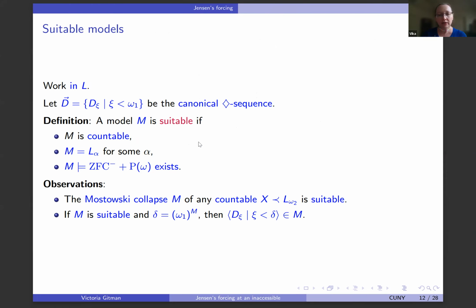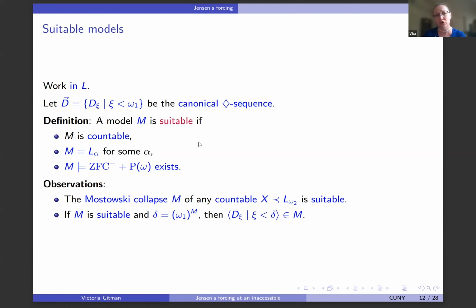Okay. So for this construction, I will be working in L, and I will be using a particular fixed diamond sequence. In the construction here, you don't really need to work in L, and you can work with any diamond sequence. It makes the construction a little bit more complicated.